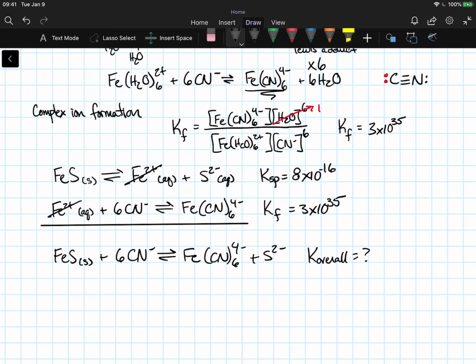Well, since we're just taking these two reactions and adding them together, remember from earlier when we learned about equilibrium: when we add two equilibria together, we multiply their equilibrium constants to get the new equilibrium. So K overall is simply equal to Kf times Ksp.